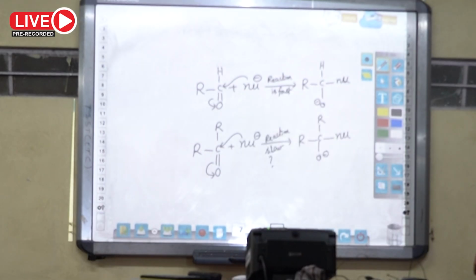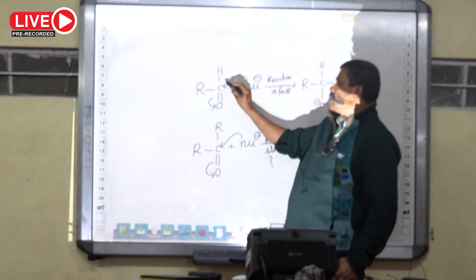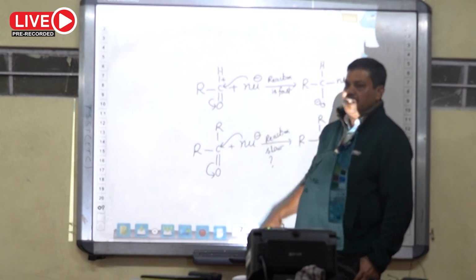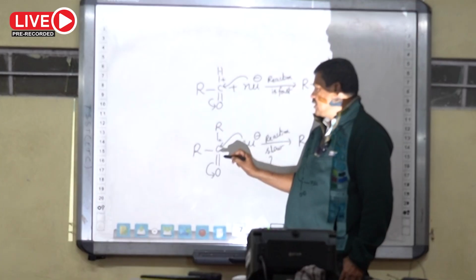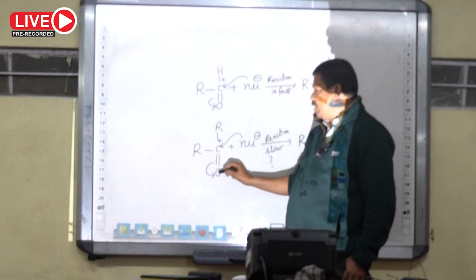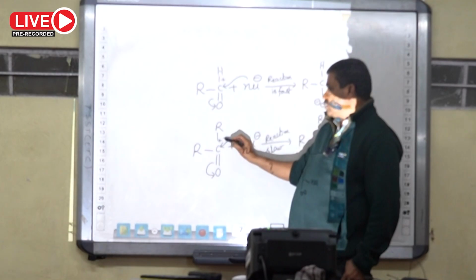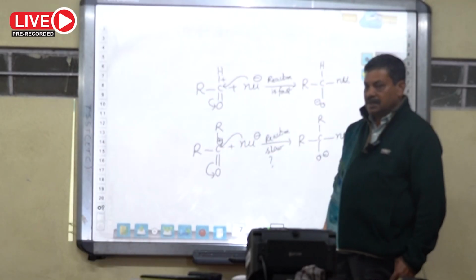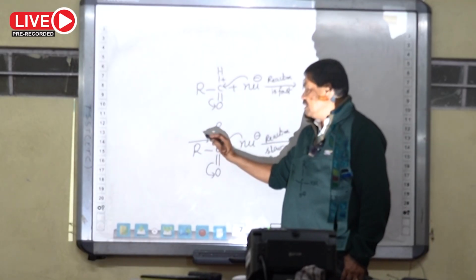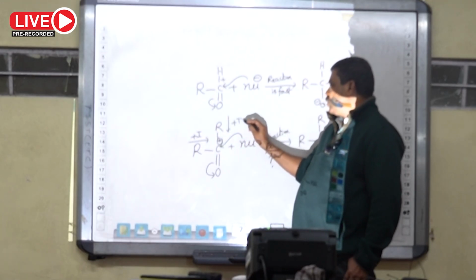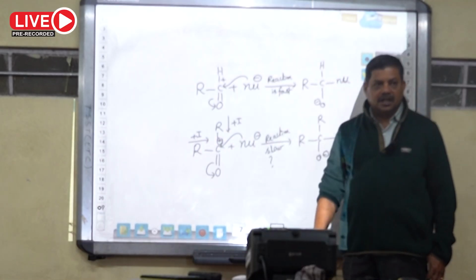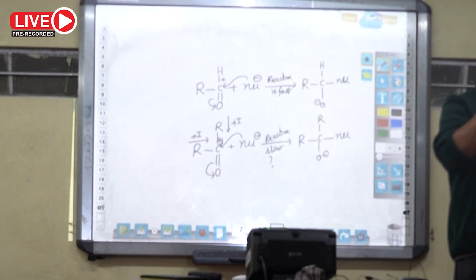To attack the nucleophile, the carbon should have more positive charge. If positive charge is more, nucleophile can easily attack. Here the positive charge is less, because after shifting the pi bond, some positive charge is developed on the carbon, which is decreased by the plus I effect of two alkyl groups. Alkyl groups are electron pushing.